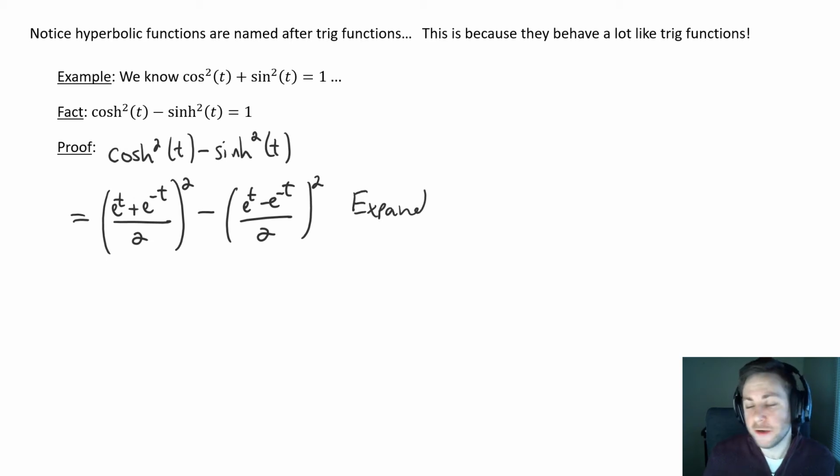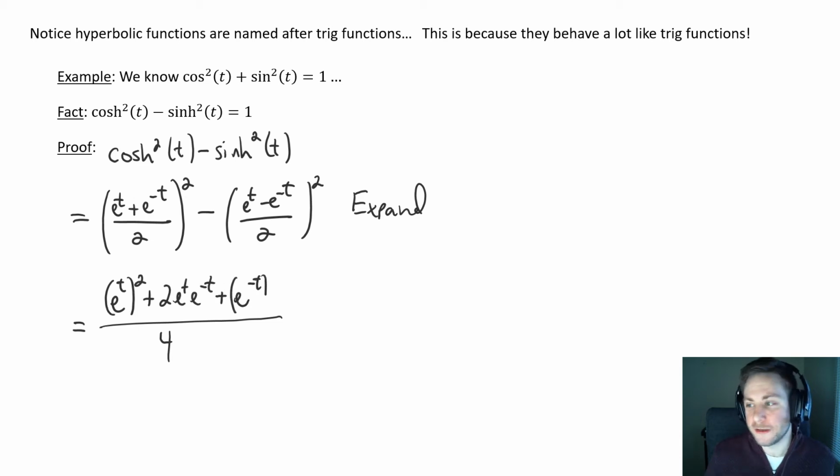So let's expand all of this out and see what happens. First, notice that on the denominator, 2 to the power of 2 can become 4. And in the numerator, to apply the power of 2, we need to FOIL everything out, providing us with the result that you see now. You can pause and check that if necessary. Now, this is just our first term.